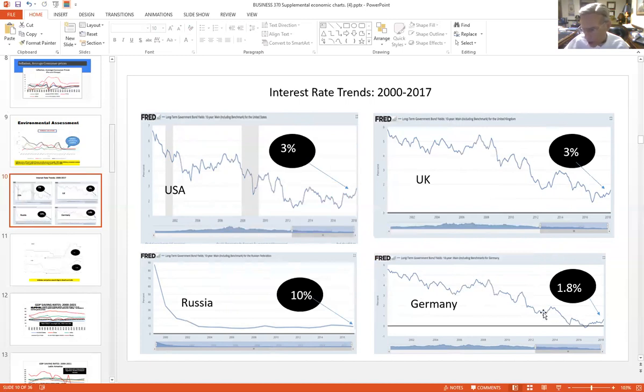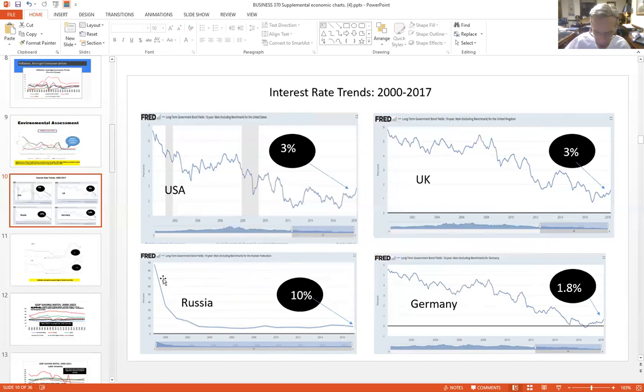Germany's interest rates were even lower. Germany manages its economy much more closely than other European countries, and manages for lower interest rates.